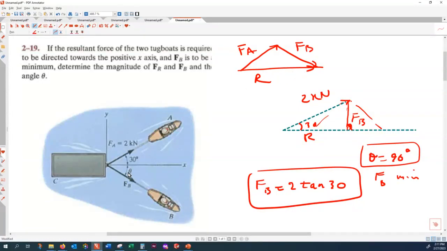And theta is the angle between FB and the x-axis, so this is theta, right? Now you wonder what theta makes FB minimum. Just visualize as you change theta, making it larger or smaller. If you make it smaller, FB gradually moves to the left, and suddenly at theta equal to 90 degrees, FB becomes minimum.